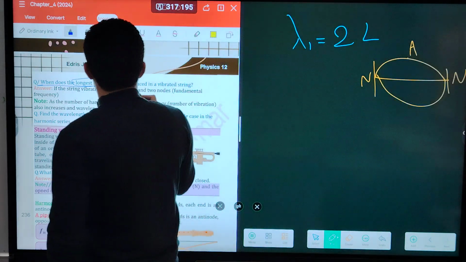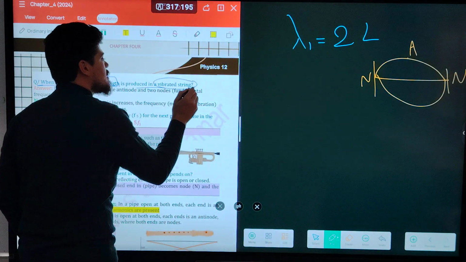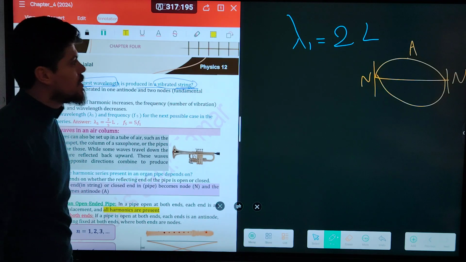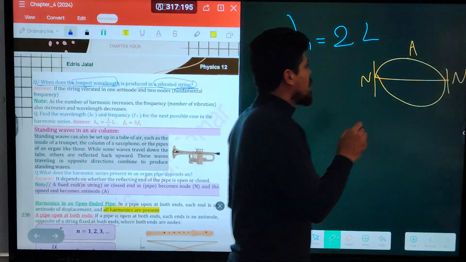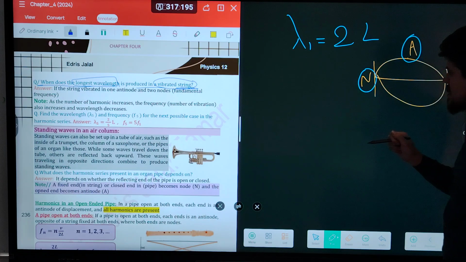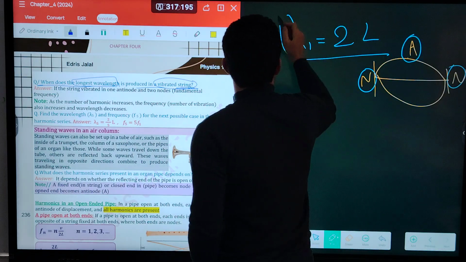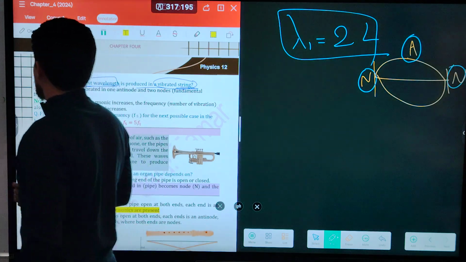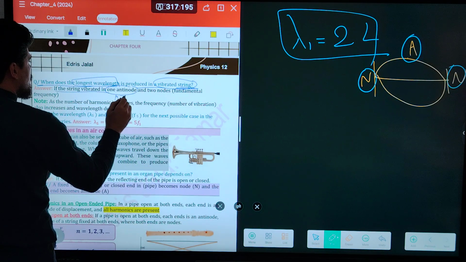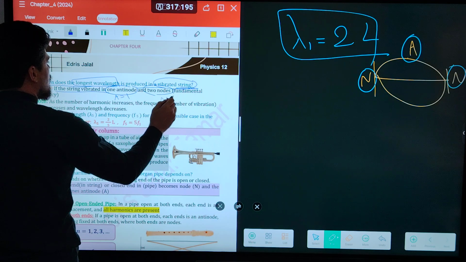When is the longest wave produced in the vibrating string? It should be mentioned in the question whether it is a string or a pipe. In a vibrating string, when the string vibrates with 1 antinode and 2 nodes, in this case the string has the longest wavelength.